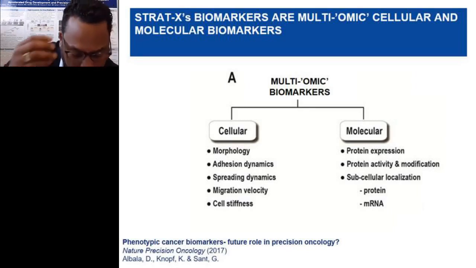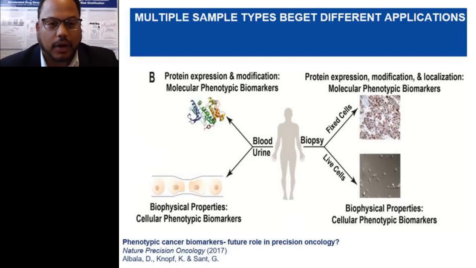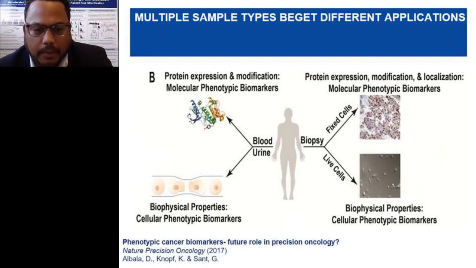So the power of STRAT-X is also based on the ability to measure multiple different types of samples. And so what we're talking about is not just the ability to measure from biopsy cells, but we can measure from blood and urine. Cells derived from these samples have interesting touch points within the treatment paradigm.